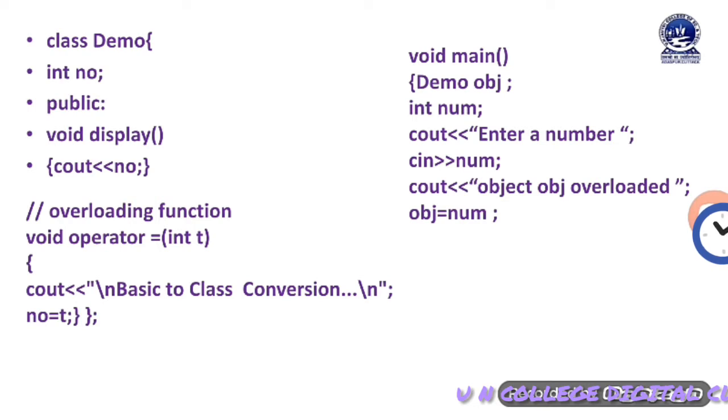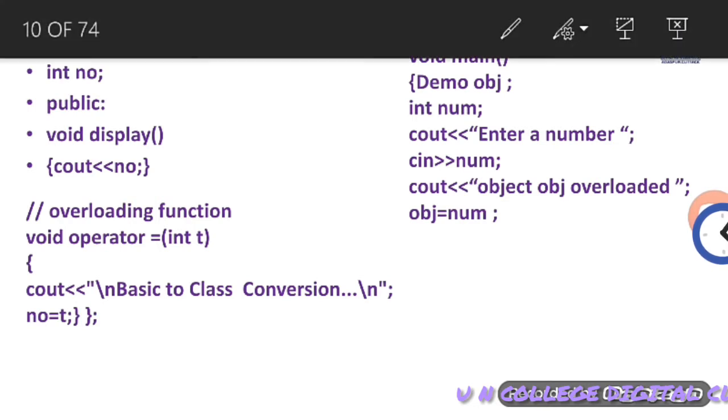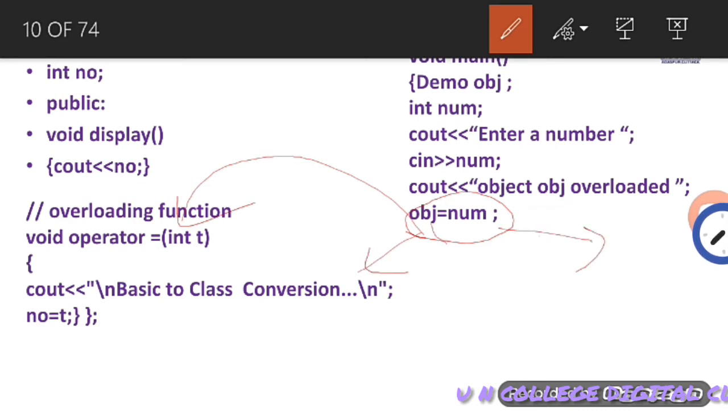Here you can see that when we use the statement obj = num, exactly this operator function will be executed. But you can see obj is a class type and num is a basic type, and by using the equal sign we are just using typecasting.